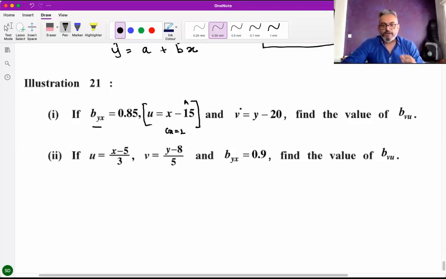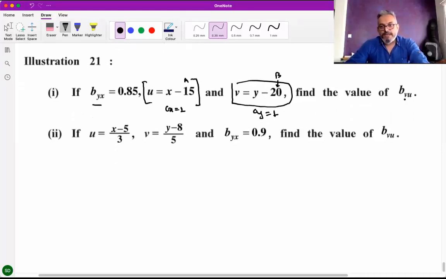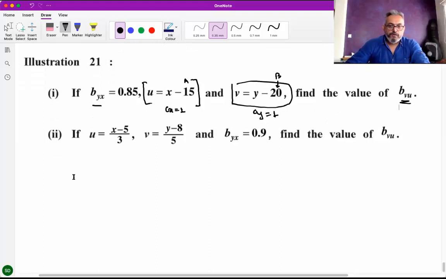That's why it is not given. v is equal to y minus 20. So again b is equal to 20 and c of y is equal to 1. So it is not given. Find the value of b_vu. So now the equation for the first one goes this way.